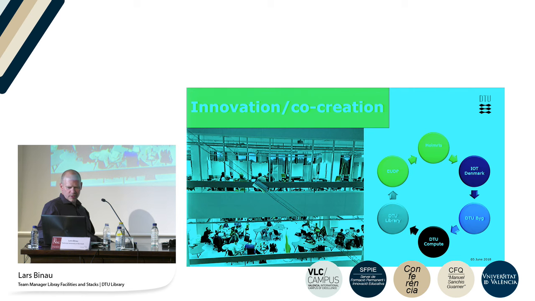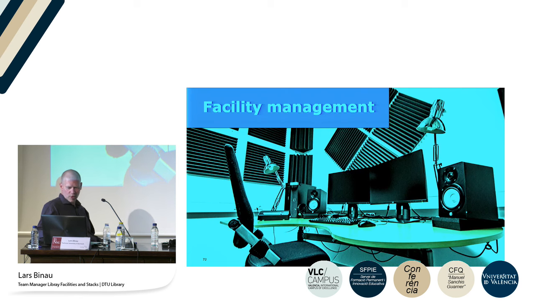So this is a way to work with the local companies and also together with researchers studying indoor climate at our university. The third area of focus is facility management.